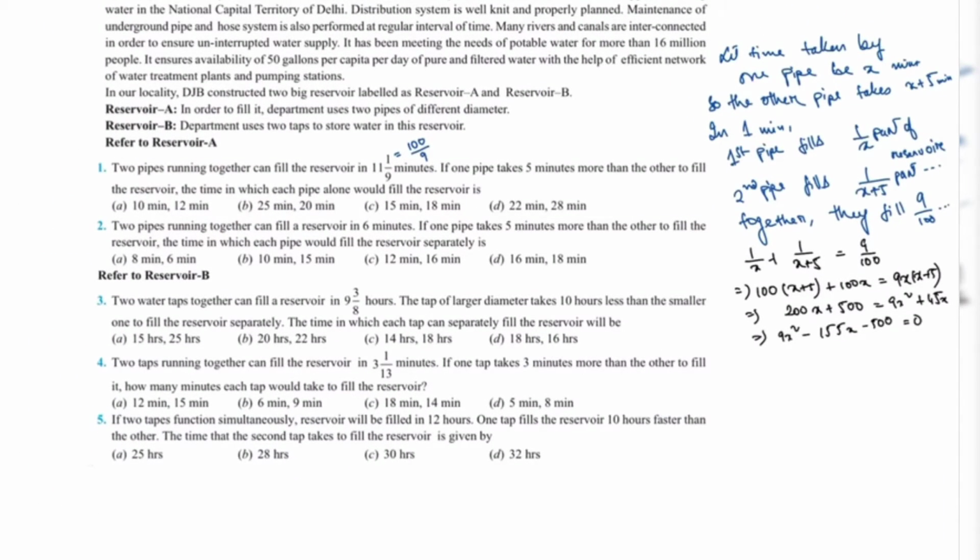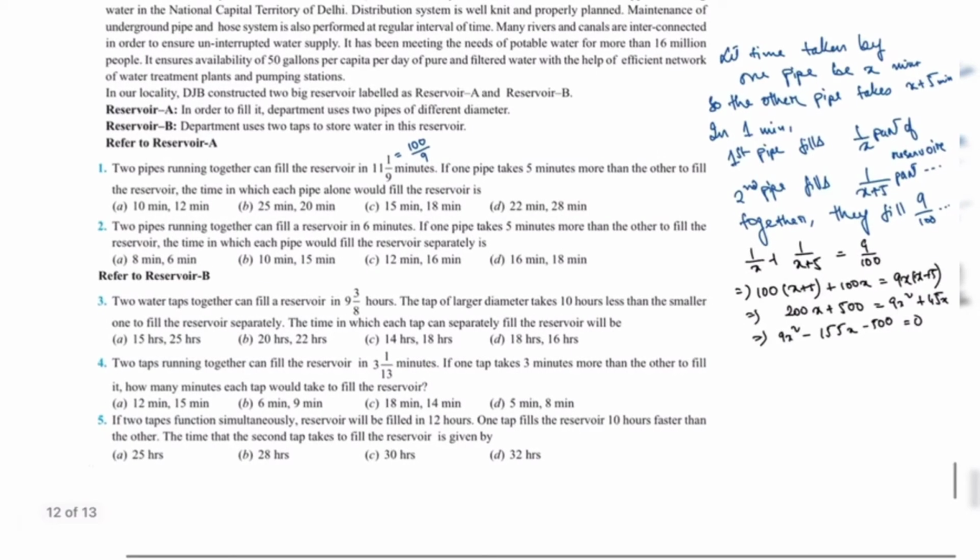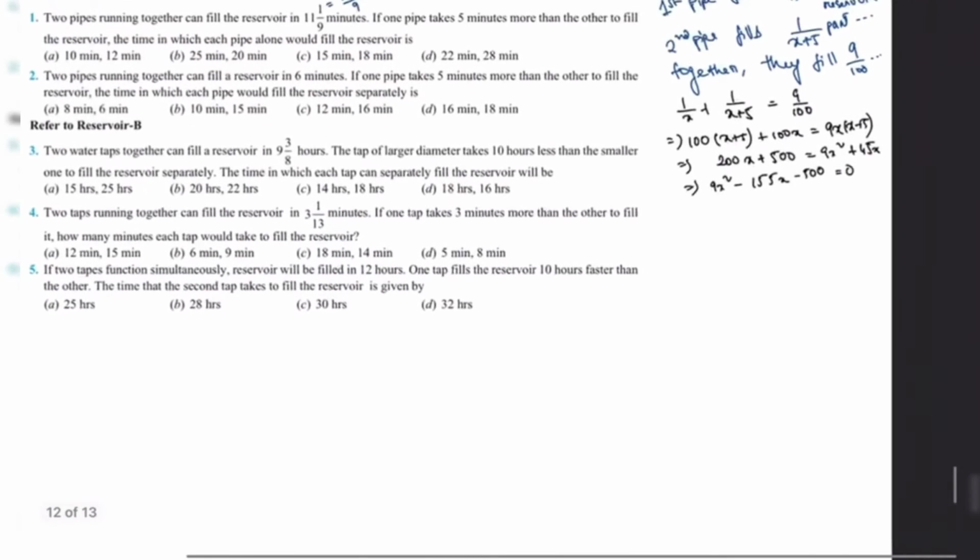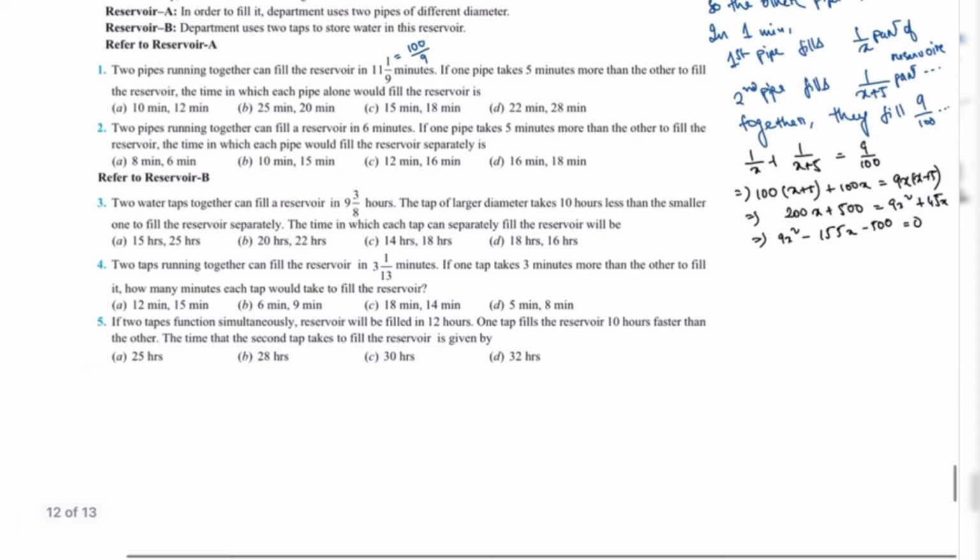Two pipes running together can fill a reservoir in, okay, this time it is 6 minutes. So it is just exactly the same as before. Instead of 9 by 100, you have to put 1 by 6. So let's solve this equation. Maybe this will help us find out where we are messing up over there, right? So 1 by x plus 1 by x plus 5 should be 1 by 6. So multiply everything by 6 times x times x plus 5.